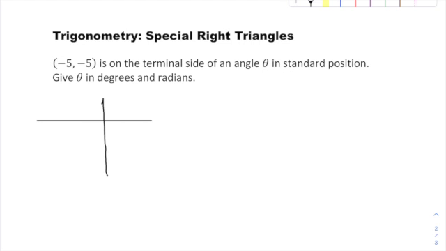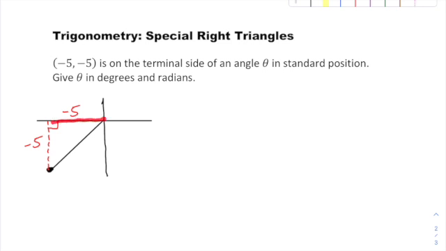-5, -5, meaning 5 to the left and 5 down, is going to put you right there in a little sketch. What I always like to do is make an altitude with the nearest x-axis, so I make a right triangle. That side is 5 or -5, and this side is 5 or -5, depending on whether you want to include the negative or not.